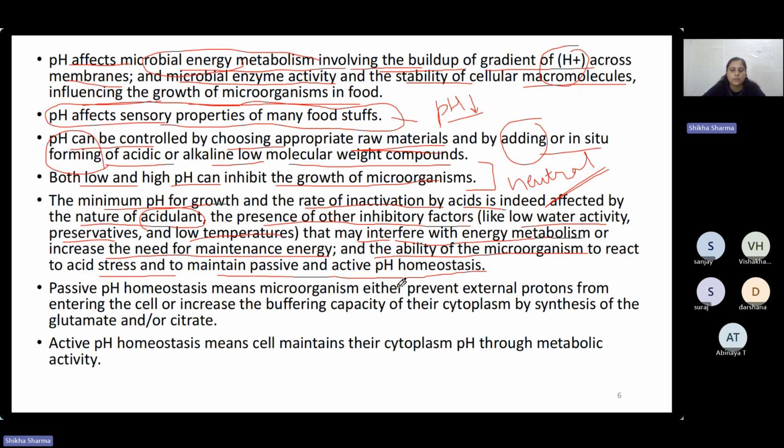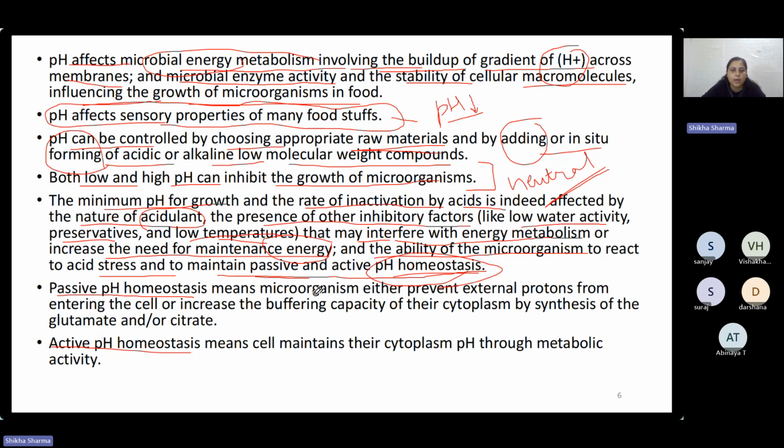So if there is low pH and certain other inhibitory factors like low water activity, some acidulants, or very low temperature, the microorganism will need certain energy to maintain the homeostasis. There are two kinds of homeostasis: passive pH homeostasis and active pH homeostasis. Both should be maintained.